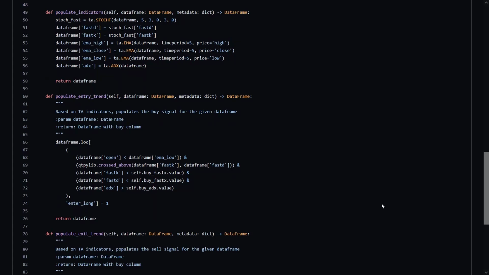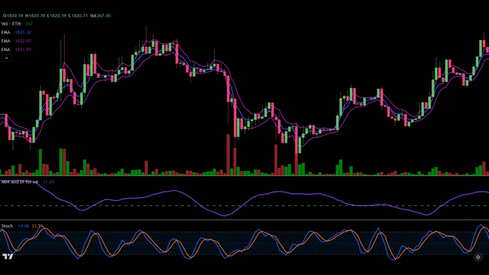The middle band is made of the close price of the candle. And the length of the EMA indicator is 5. Also, the Stochastics has different settings in comparison to the default 14, 1 and 3 settings over here. And if I open the chart and add all the indicators to it, then it will look something like this.